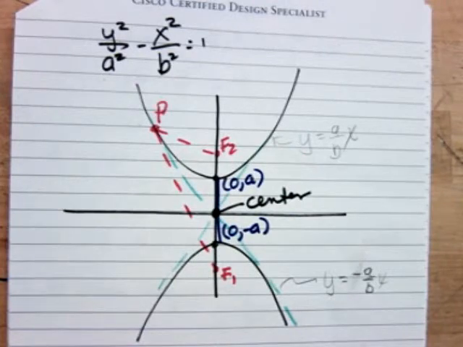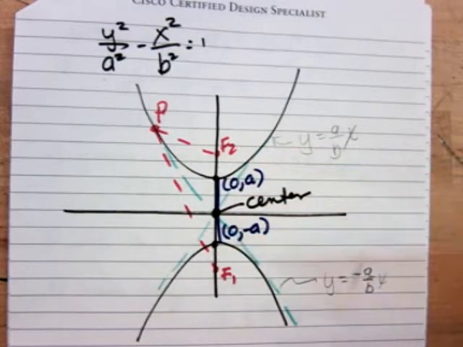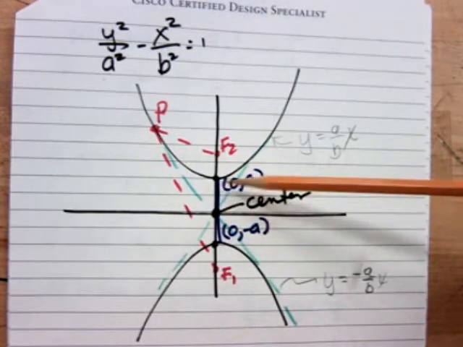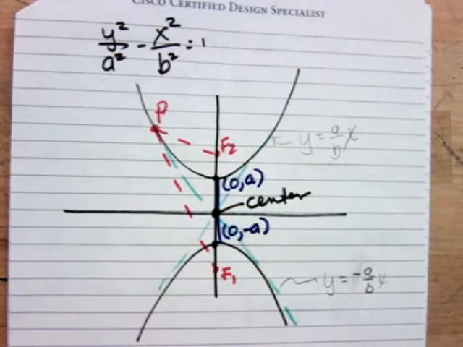So here's a diagram of a vertical hyperbola. Same parts as earlier. We have the vertices, which are at the intersecting points. The center is in between, in the middle of the vertices. We have foci F1, F2.